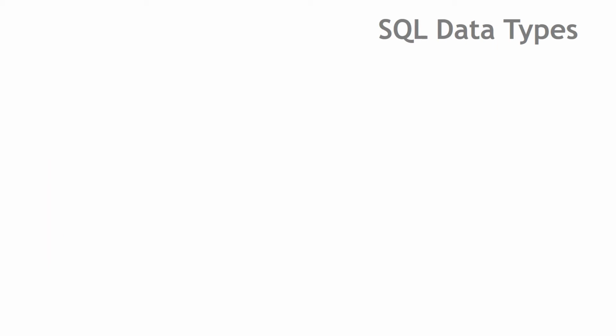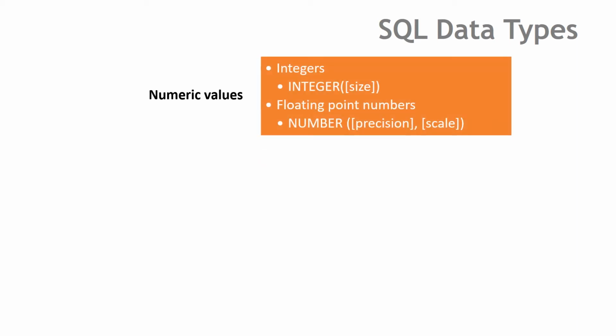Each column of the table must be given a data type. The data types can be numeric, character, or date types. The numeric types are used to specify integer numbers and floating point numbers. Integer, number(size) or number(precision, scale) data types can be used to specify numeric values.